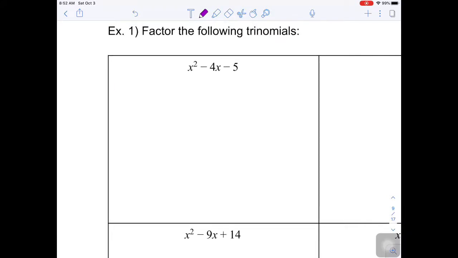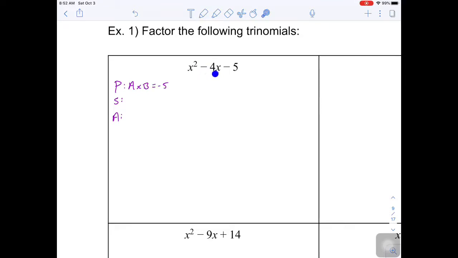Factor the following trinomial. I'm going to use the PSA method: product, sum, answer. My question is, what two numbers multiply to get negative 5? I'm going to represent these numbers as a times b equals negative 5.